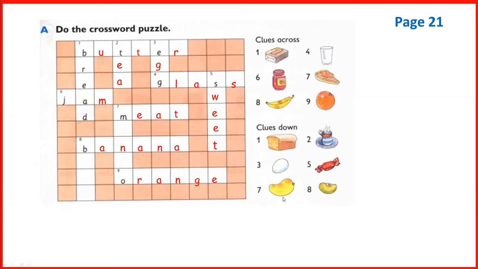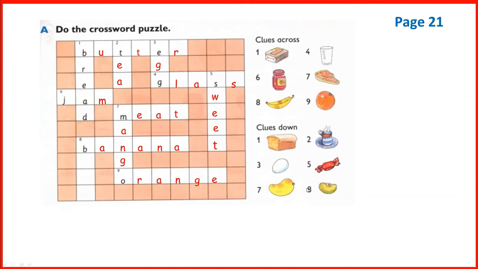And number 7, yes, your favorite fruit, mango. Yes, this is number 7. We have to move downwards, M-A-N. It is already here. Now G, then O, mango, M-A-N-G-O, mango.